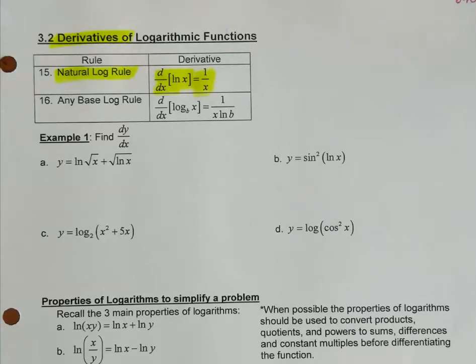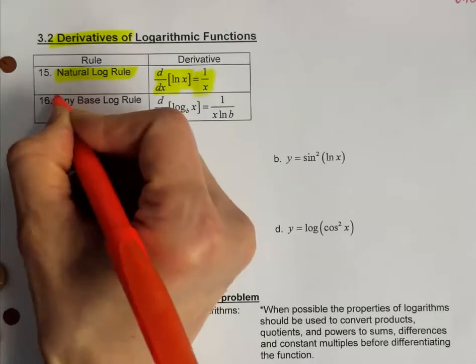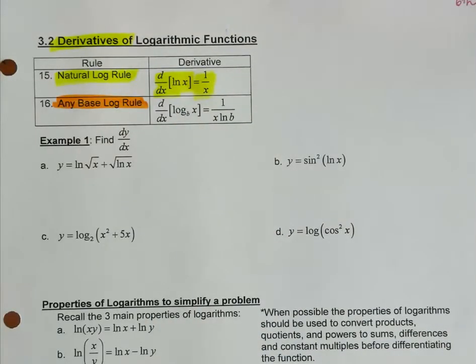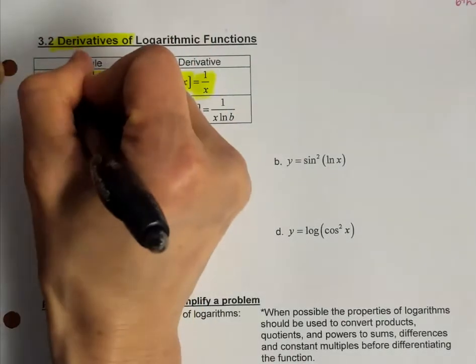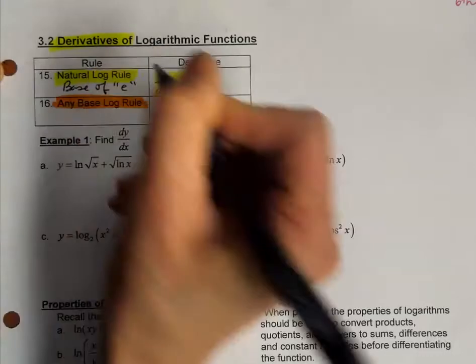And then the second one is the log rule for any base. Because the one that we just mentioned has what base? E. So this is the base of E. Okay, so that's why we call it the natural log.